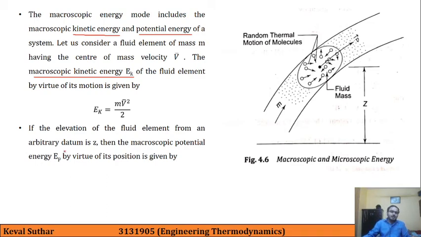Now if the elevation of fluid element from an arbitrary datum is z as shown over here, then the macroscopic potential energy Ep by virtue of its position is given by Ep is equal to mgz. So this is our macroscopic potential energy Ep. So these are the two macroscopic modes of internal energy.